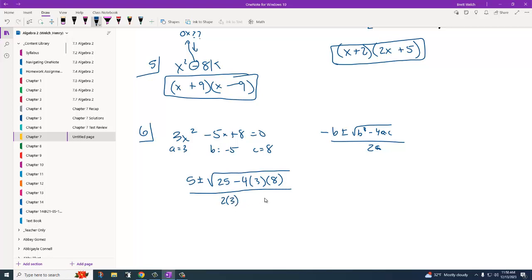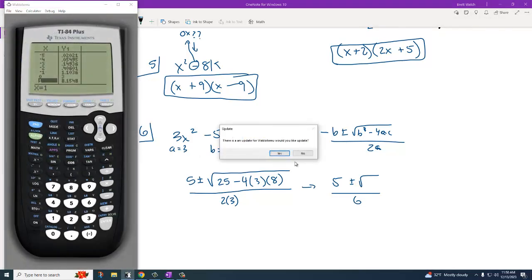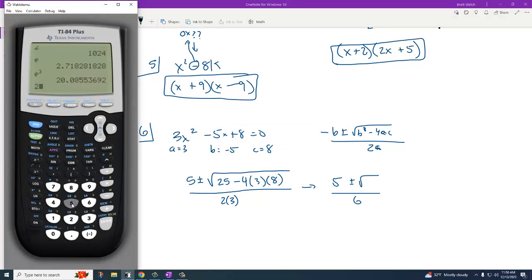all over 2 times a, which is 3. Into the calculator, I will put the inside of the square root, not the square root itself. I know 2 times 3 is 6 on the bottom there. But if I take my calculator and I do 25 minus 4 times 3 times 8, whoops, that's supposed to be an 8, I get negative 71.